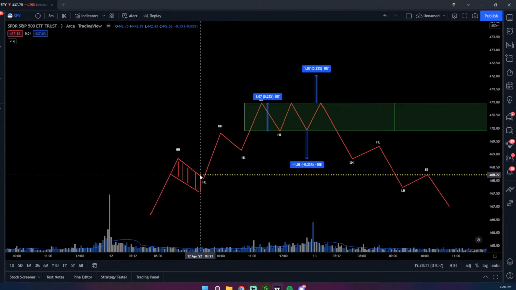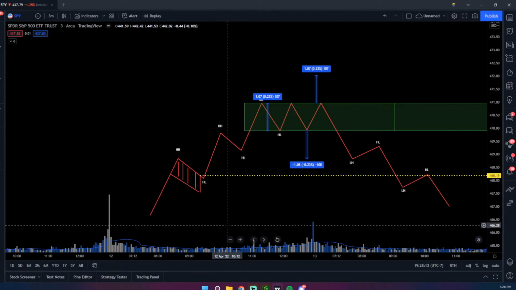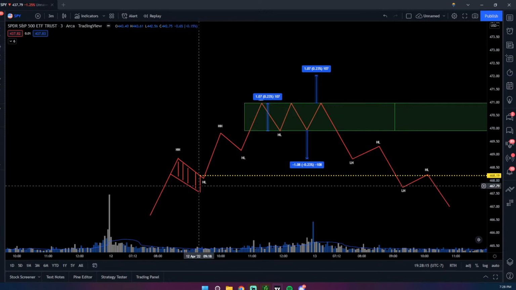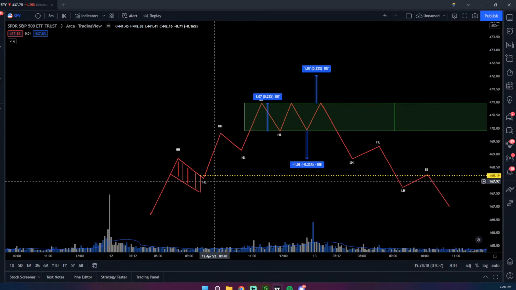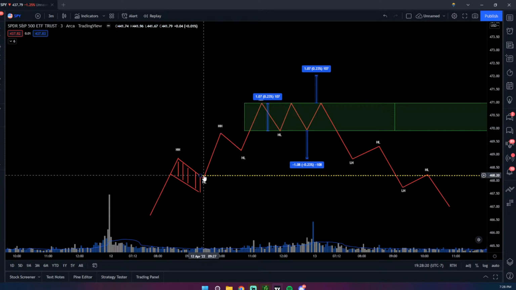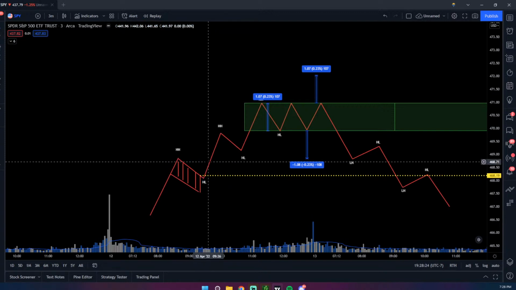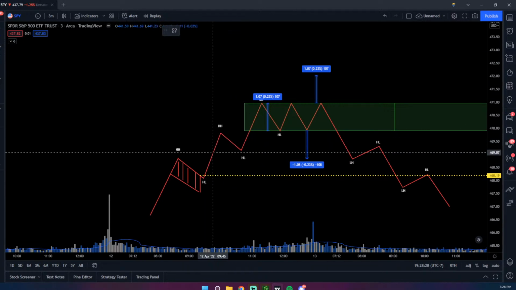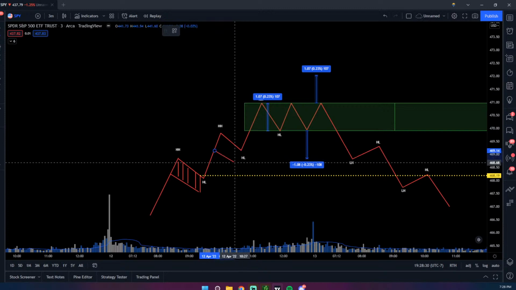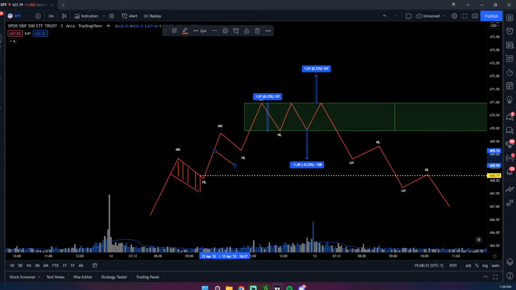I'm now going to move my safe entry down to this candle here, okay? When we finally break above the top of the flag, right when we cross this yellow line, we're grabbing calls, right? And then we make our higher high, and then we have another flag that forms here, right?